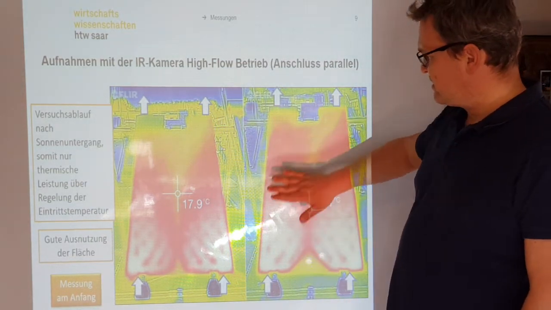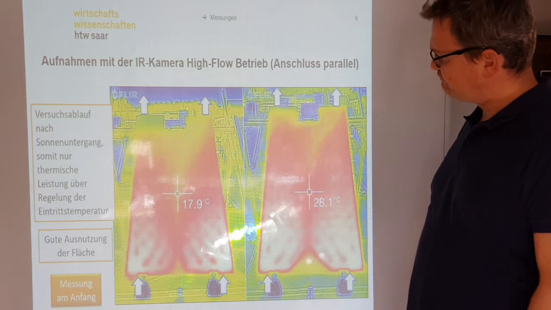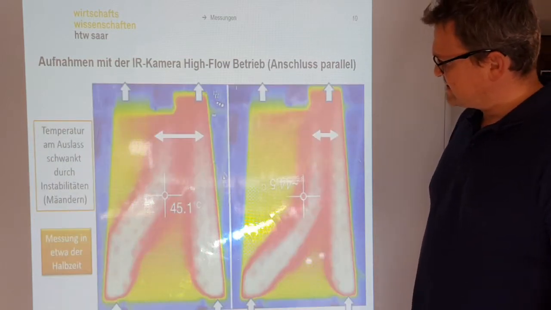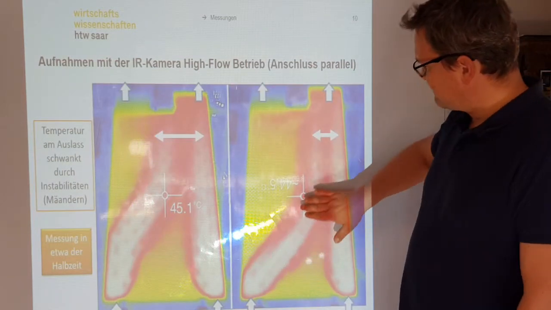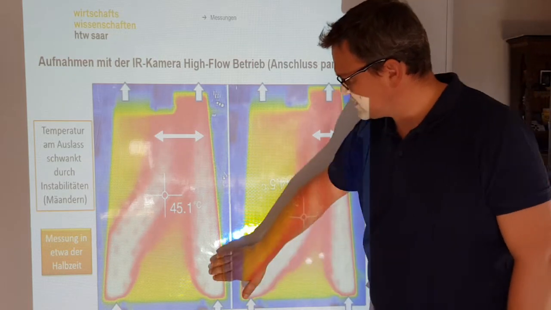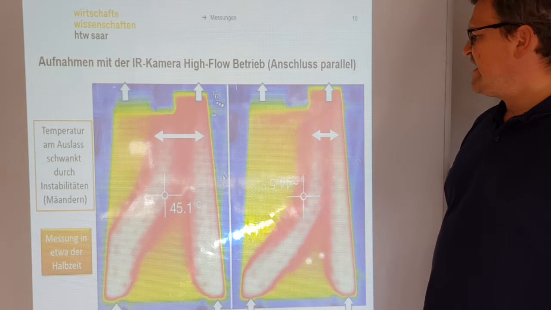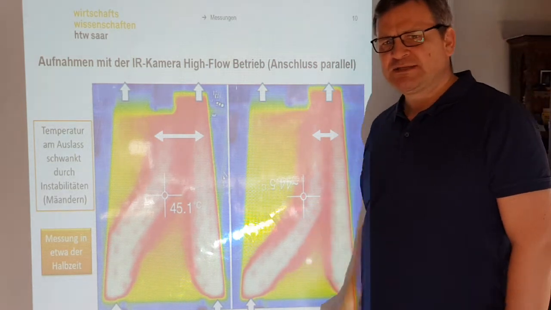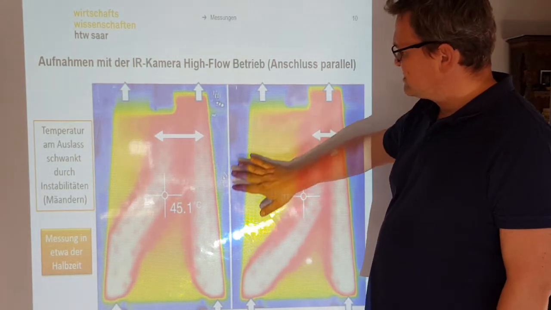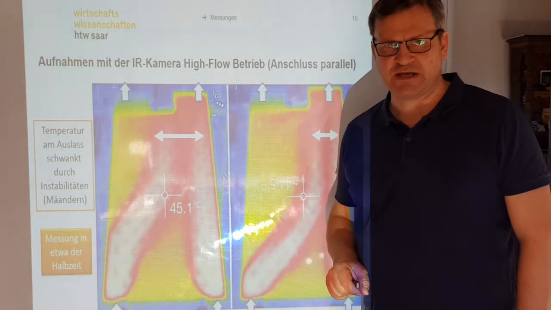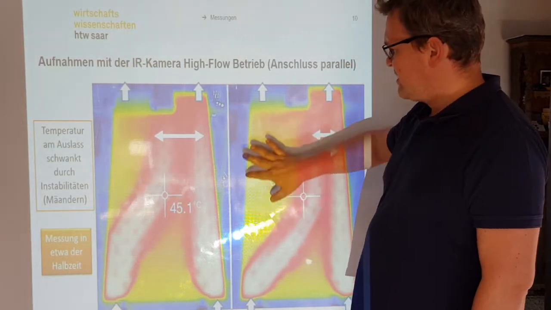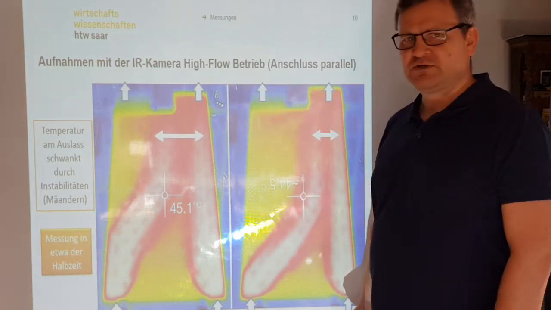Here you see really good flow, and in this case, where the hot water comes inside from this direction, it flows out like this, and you can see that the efficiency of the absorber here is not so high. We have a lot of areas where no fluid flows.